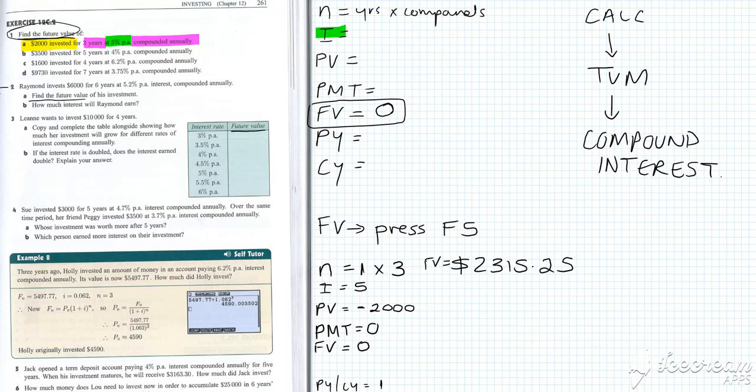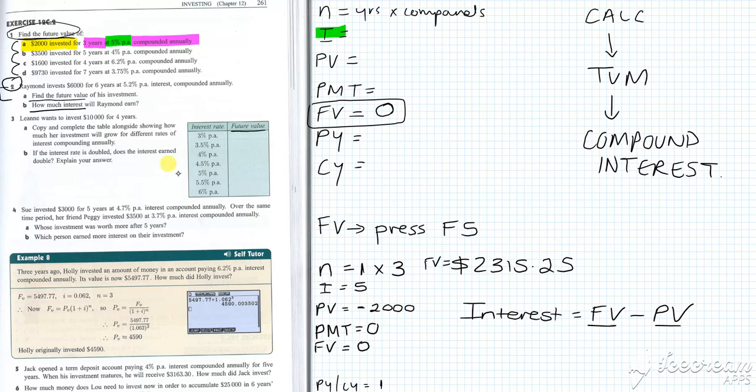In the next question, it asks us how much interest will she earn. So you might remember that our interest is always the difference between how much we have at the end, take away how much we started with. Our FV, take our PV. So I'd like you to give A, B, C, D, question 2 a go.